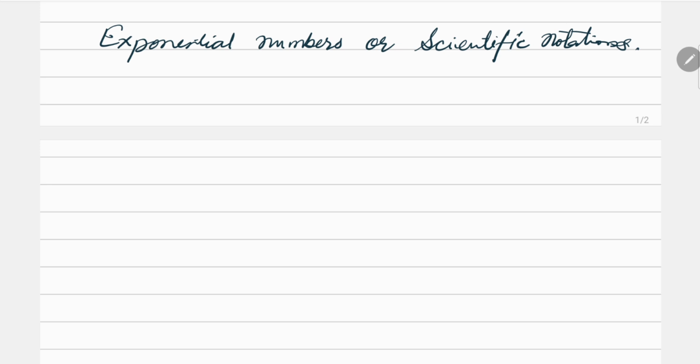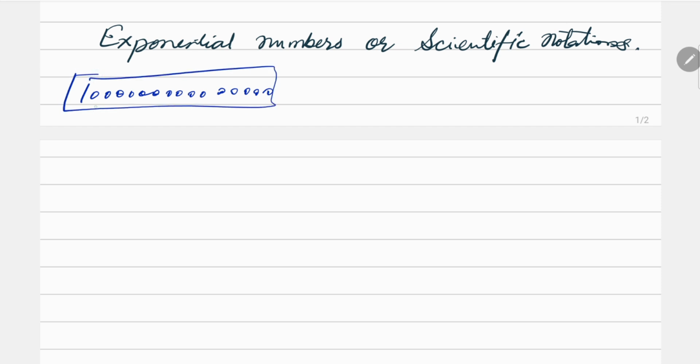During chemistry experiments, we get either very large values or very small values. Suppose you are doing an experiment and you're getting this value. There are a lot of zeros over here, and a simple person can make mistakes in counting the zeros.